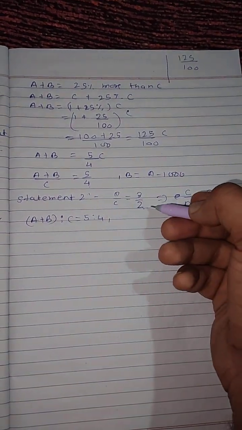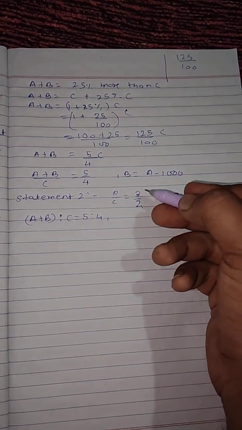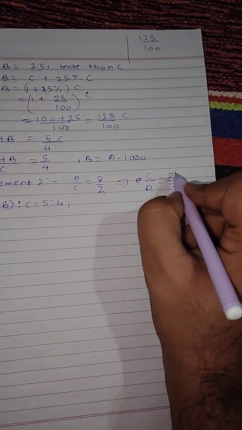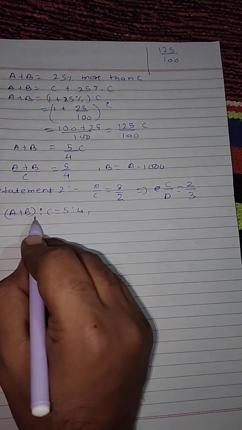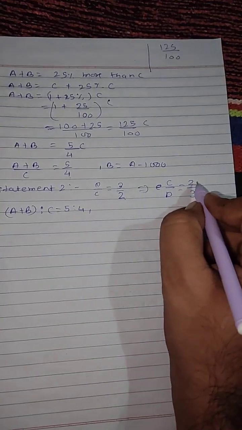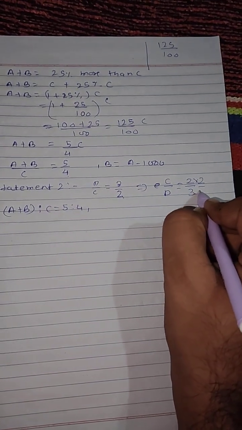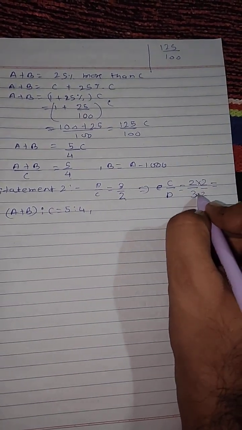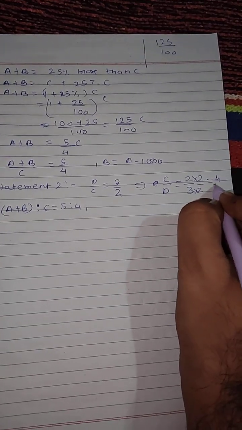If we are reversing, here also we will reverse. So C by D will be 2 by 3. Since here C is 4, we will make it 4 here also. So we will multiply and divide by 2, so it will be 4 by 6.